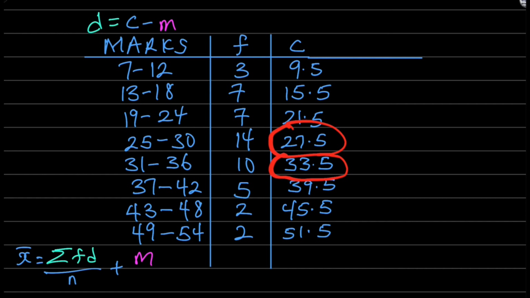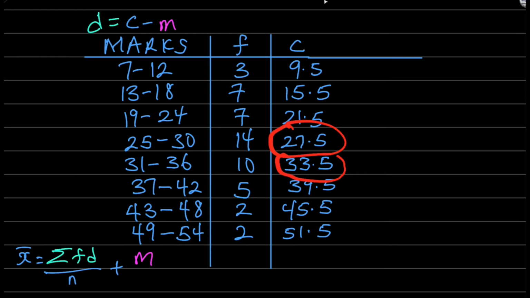So for this example, I'll be picking the first one, 27.5, and I would suggest that after this video you redo this example using 33.5 as your own assumed mean, and see if you arrive at the same answer as we will be arriving at by the end of this video. I'll be using 27.5. You should use 33.5, and then we'll compare our answers.